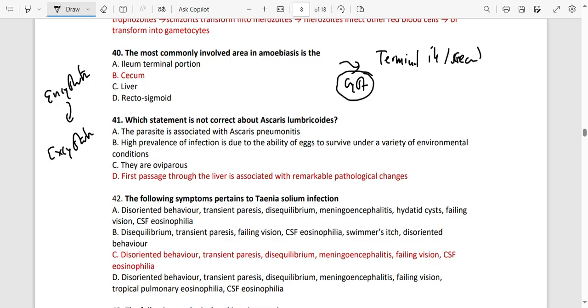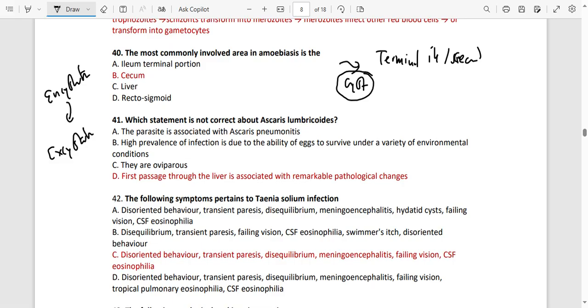Each nucleus ends up surrounded by cytoplasm, so you now form what is known as amoebulae, also known as metacyclic trophozoites. That is the one that colonizes the submucosa of specifically the cecum and the large intestine, and that's how you end up with amoebiasis.